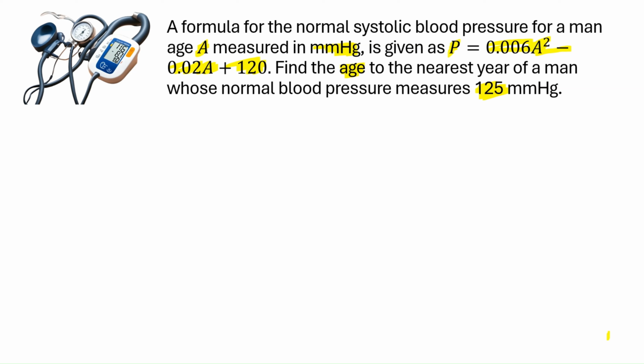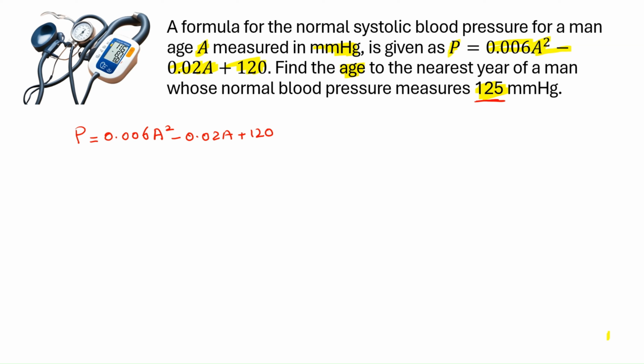Now, in order to solve this, let us plug the value of the pressure that is provided to us into the formula first. So the pressure is given as 0.006 A square minus 0.02 A plus 120, and we are given the value of P equals 125.